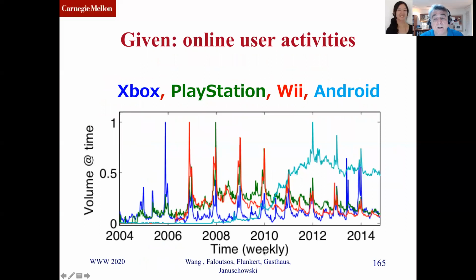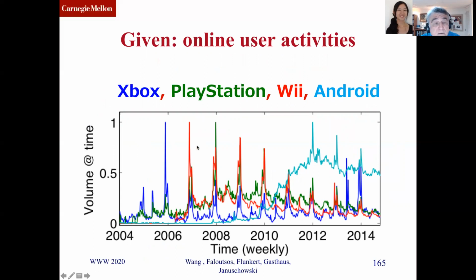So the goal was to guess how competing products will evolve. So these are four gaming consoles, Xbox, PlayStation, and so on. The vertical axis is the number of Google queries normalized to 1. And we see that Xbox starts high and then fluctuates and so on.